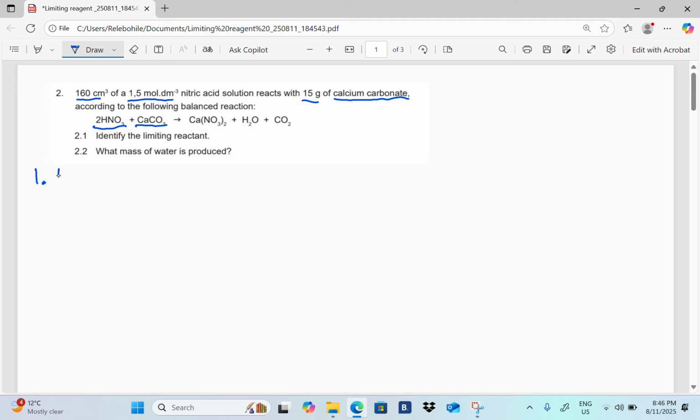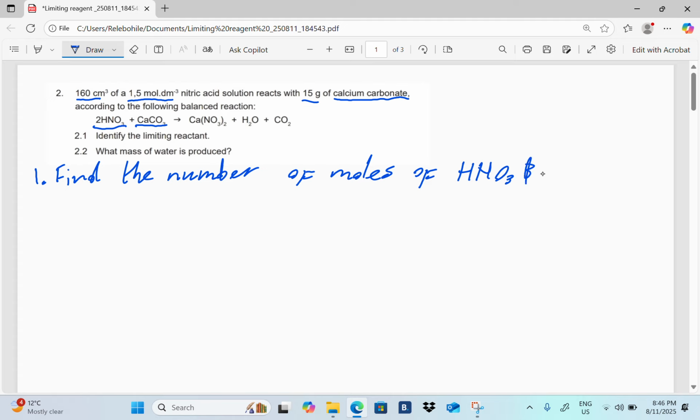My first step is to find the number of moles of HNO3 and CaCO3. So I'm going to find the number of moles of these two.